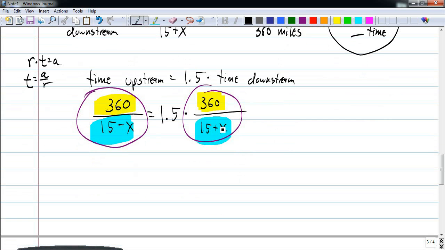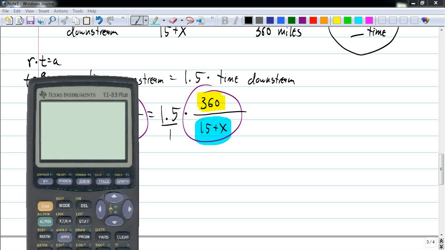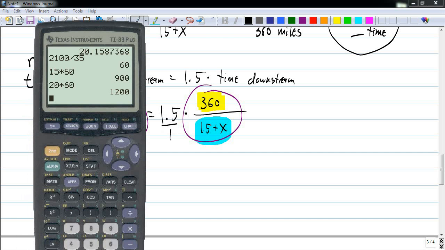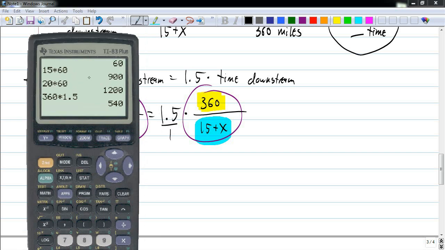Now to solve it, what I need to do is multiply these two fractions together. Now you may not see a second fraction here, but I do. 1.5 times 360 is 540.